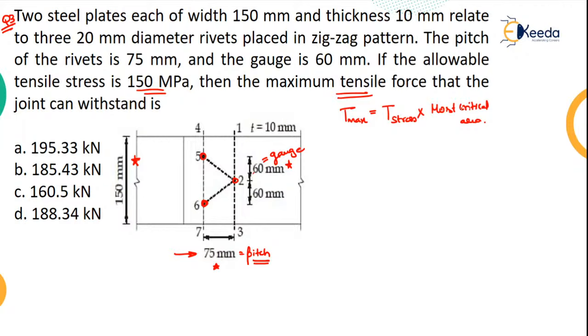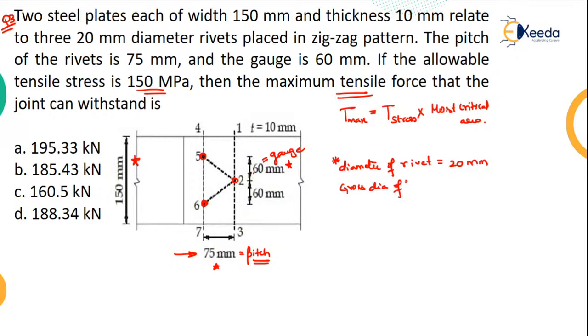Now, they've given us the diameter of the rivet, right? The diameter of the rivet is given as 20 mm.